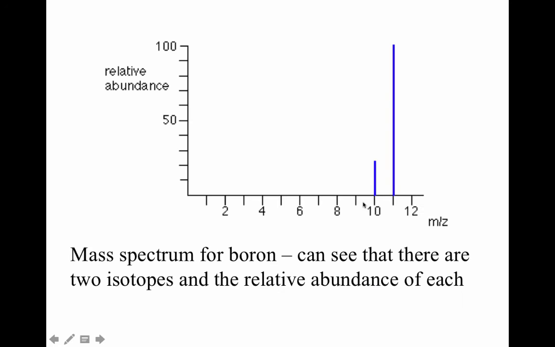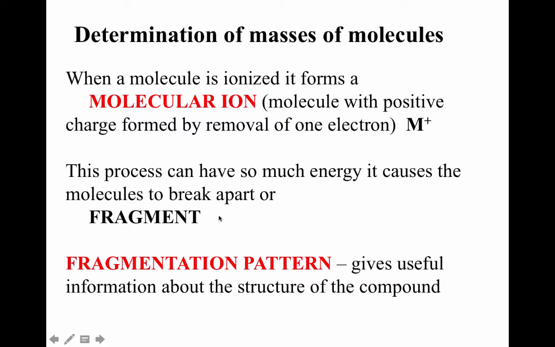So if this fragment, again, has a positive charge, it is going to show up as a peak on your mass spec. And we can use the molar mass or the molecular mass of those fragments to get an idea about the structure of the compound. So this fragmentation pattern gives us some useful information about the structure of the compound.